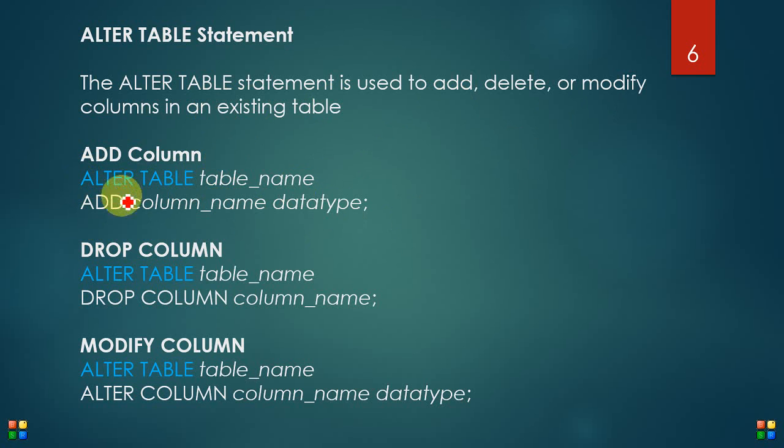In order to drop a column, you'll be writing: alter table, table name, drop column, and the column name. In order to modify a column, you'll be writing: alter table, table name, alter column, column name, and the data type.